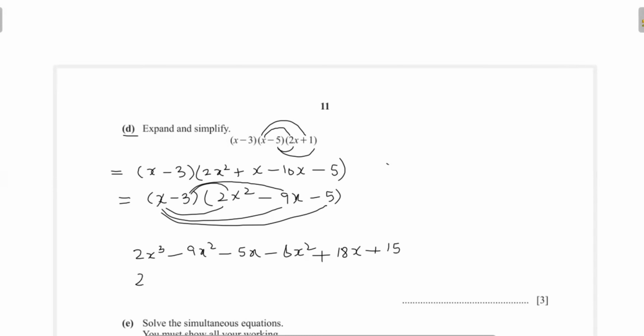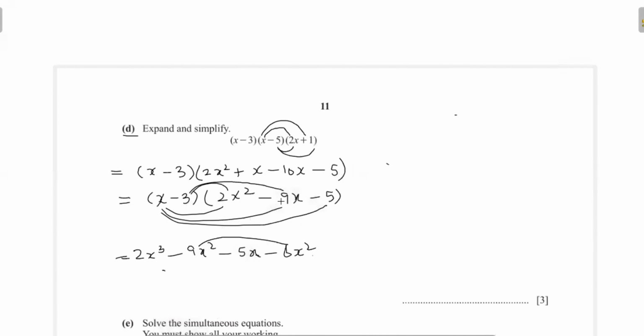Now, 2x cubed is written as it is. And minus 9 and minus 6, that's equal to minus 15x squared. Minus 5 plus 18, this equal to 13x. And plus 15 is written as it is. And this is the answer.